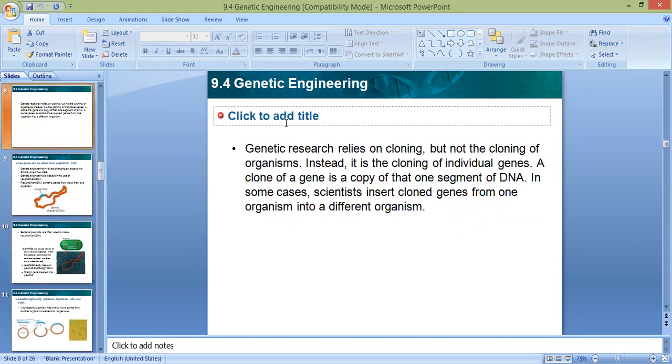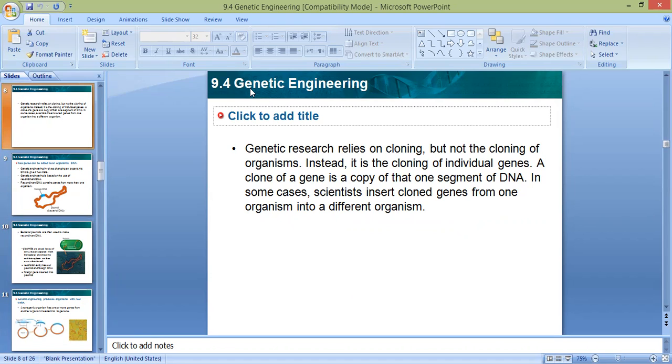Now this cloning helps genetic researchers to use genetic engineering and to copy some segments of DNA. We know that cloning is copying of the same genes or the same organism.